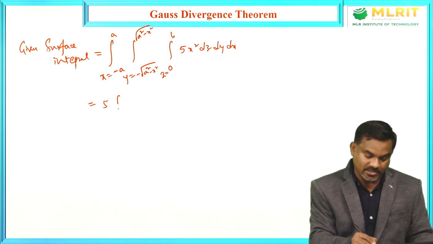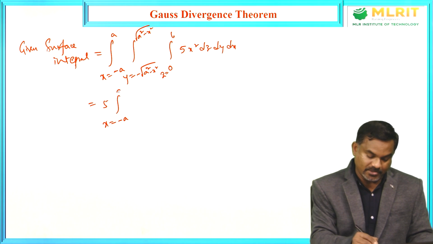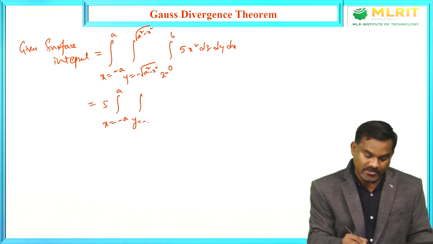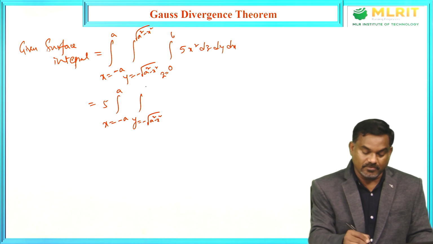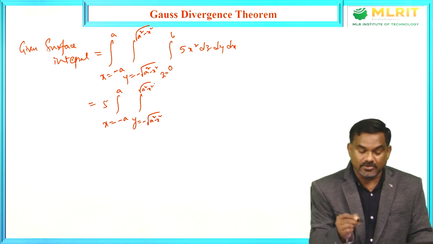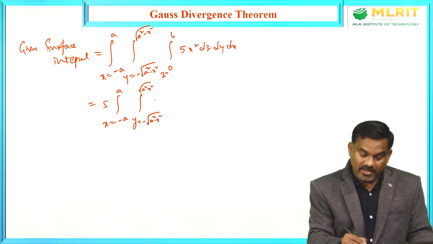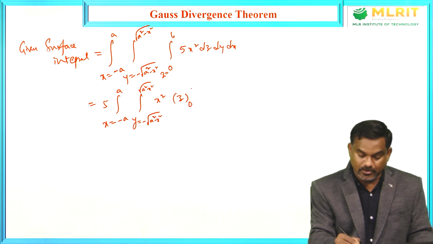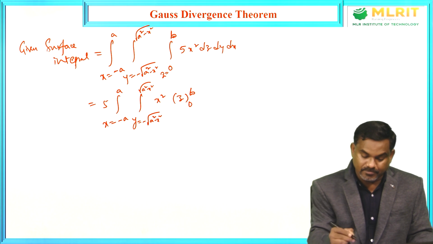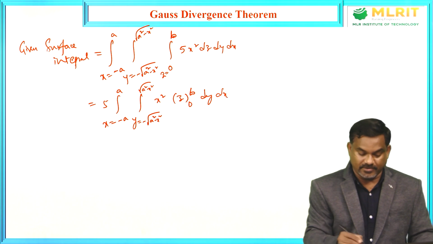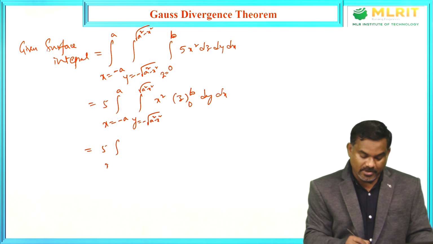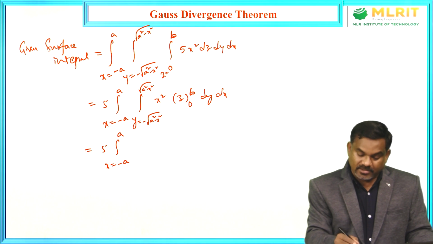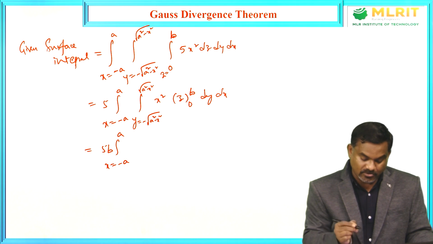So 5 is constant, x from minus a to plus a, and y from minus root a square minus x square to plus root a square minus x square. Then x square is constant, and the integral of dz is z from 0 to b, which is b, dy dx. Then 5 into the integral over x from minus a to plus a. Here we get b minus 0, which is b, outside.